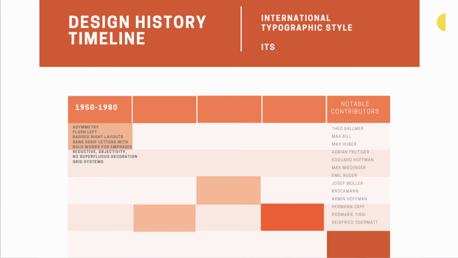So the ITS, or International Typographic Style, sometimes called the Swiss style, was a very important and popular movement that lasted from 1950 to 1980. You can see here the many notable contributors who are legends in graphic design.